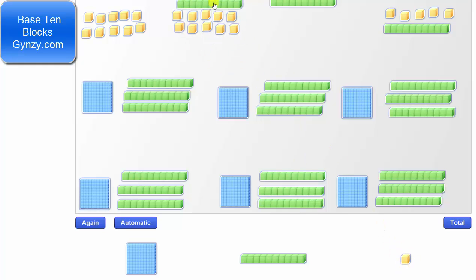The second exchange. The third exchange. And we have 1 more exchange.